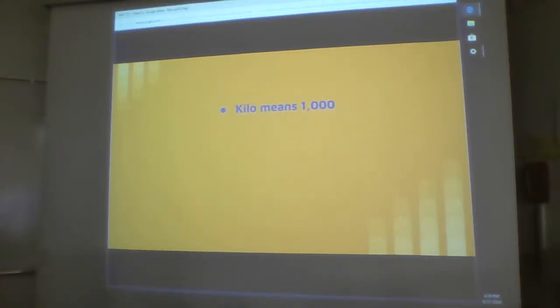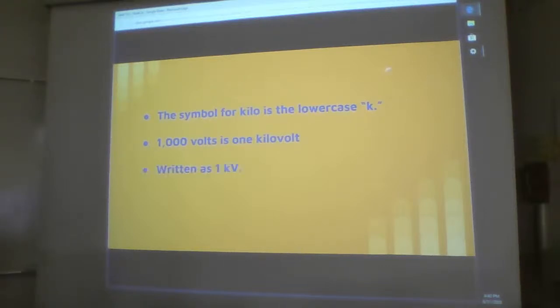So a couple examples here. Kilo means 1,000. When used with volts, it is expressed as kilovolt, and a kilovolt means 1,000 volts. The symbol for kilo is the lowercase k. 1,000 volts is 1 kilovolt, and this is written in a formula as 1 kV.